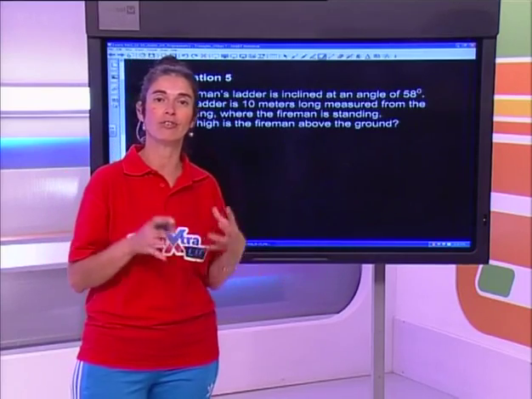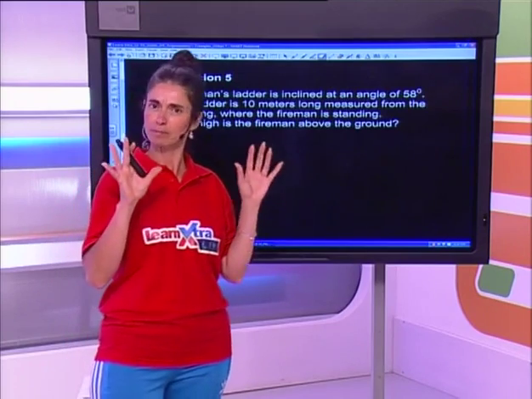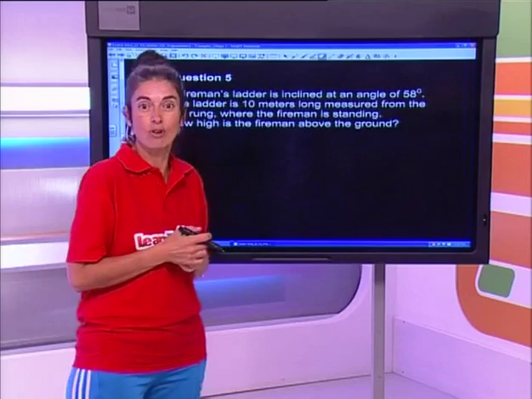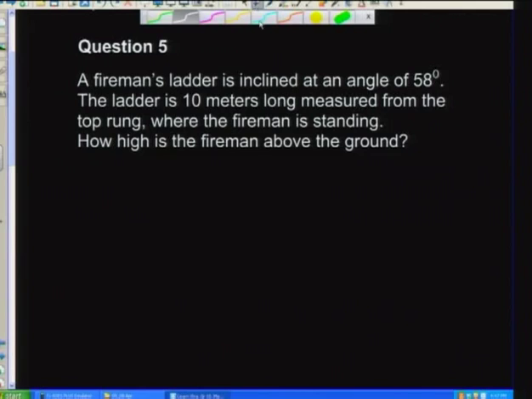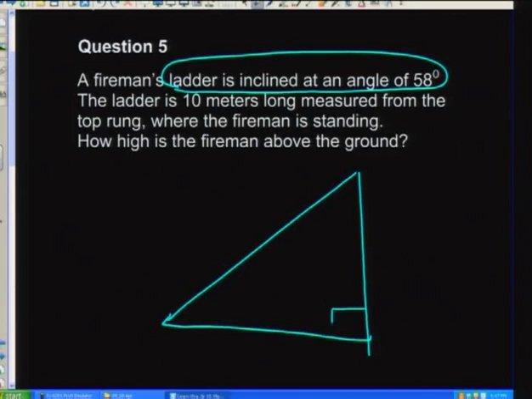The best way to do any of these word problems is to always try and draw a schematic view of what is actually happening. So let's draw a diagram. First of all, the ladder is inclined at an angle of 58 degrees. There is going to be a building, and a ladder inclined to the horizontal at 58 degrees.